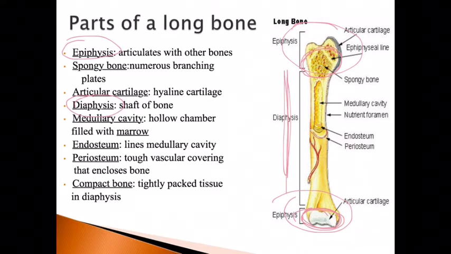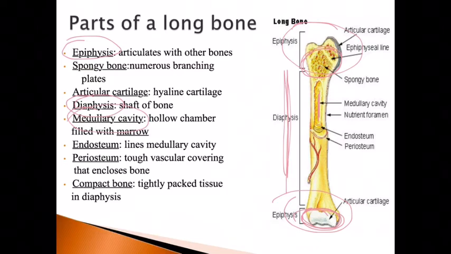Inside the bone, we have the medullary cavity. So that's right here. When you actually cut a bone in half, it is not completely solid. And can you think of a reason why you wouldn't want the bone to be completely solid? Think about that in your head right now.